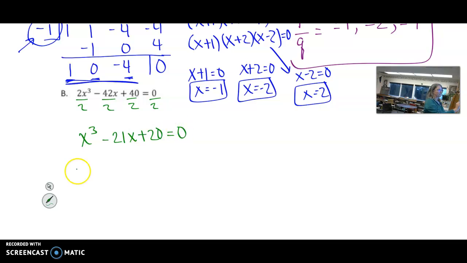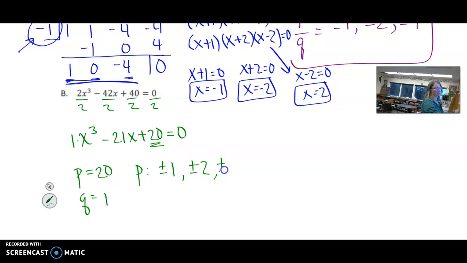So my p is equal to 20, the constant. Q is equal to 1 again, which actually makes this a lot easier. Maybe I need to do another example afterwards where it's not a 1. But then p over q, so factors of p are plus or minus 1, plus or minus 2, plus or minus 4, plus or minus 5, plus or minus 10, and then plus or minus 20.